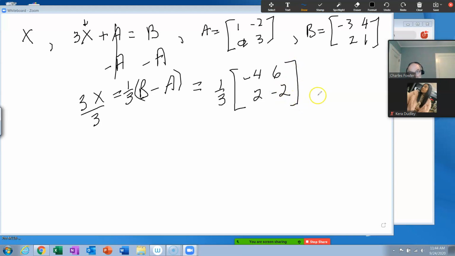Now I'm almost perfectly happy to see you leave the answer in that form, but I'm almost certain the book is going to multiply that 1/3 through and make this -4/3, 2, 2/3, -2/3. And let's see if that's what they got. -4/3, 2, 2/3, -2/3. Good for them.